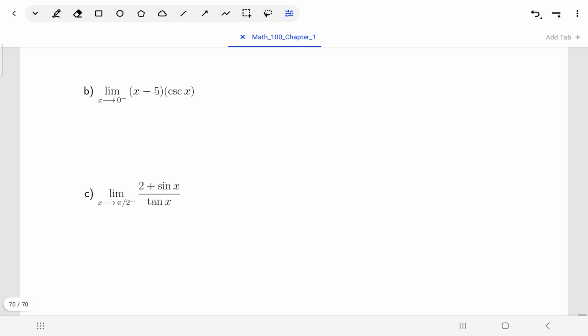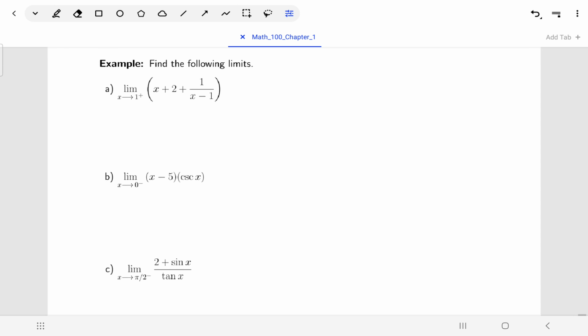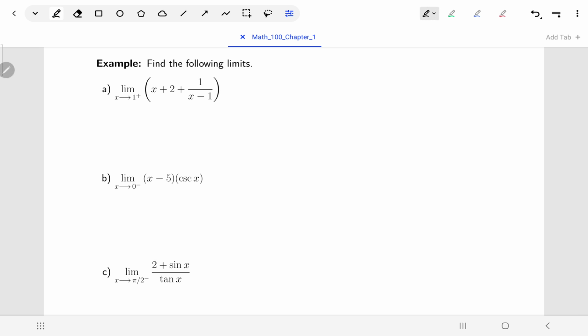So let's use our theorem to help us out with these little 3 examples. So for the first part, I know that the limit as x goes to 1 from the right of x plus 2 is just going to be a nice little finite number. That's going to be 3.